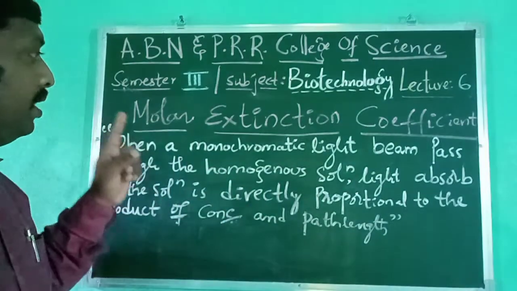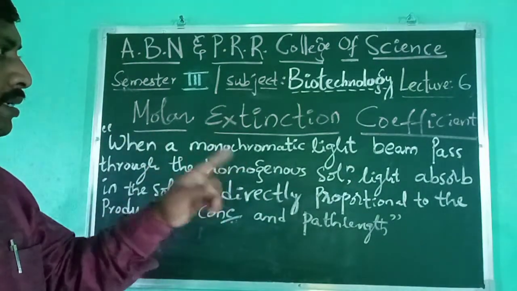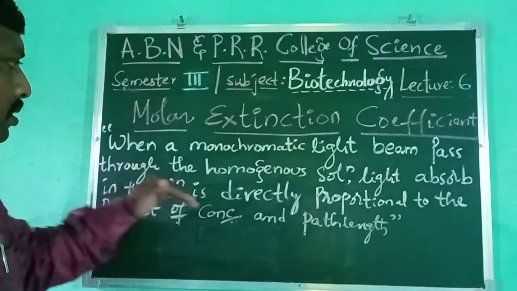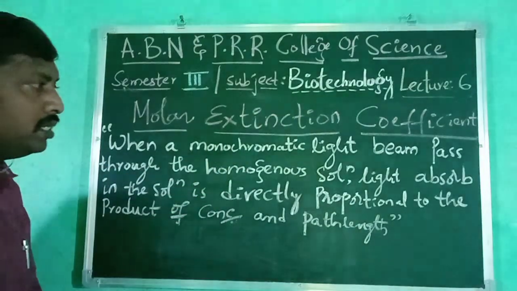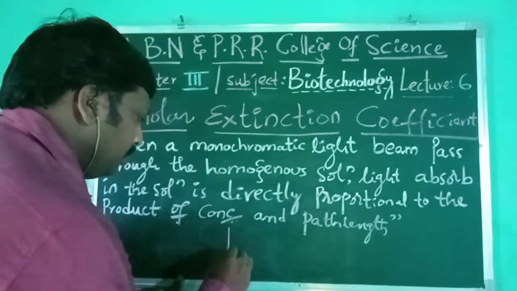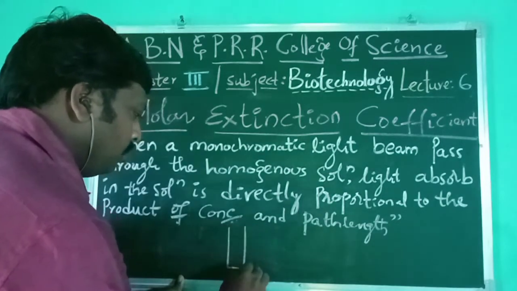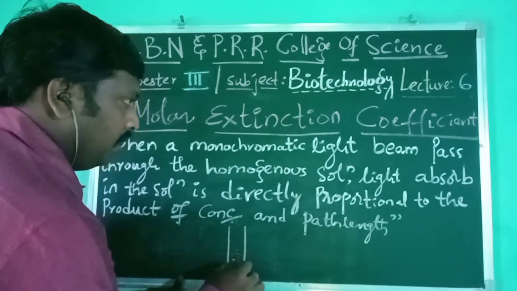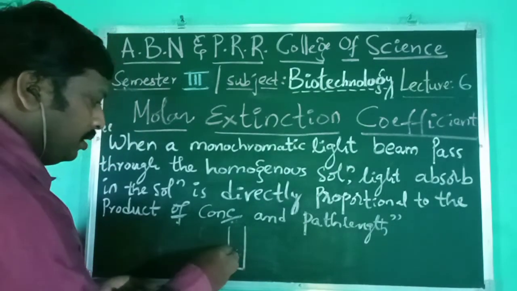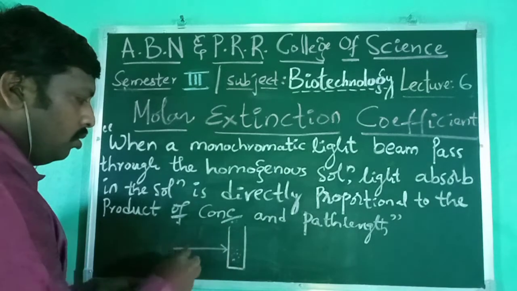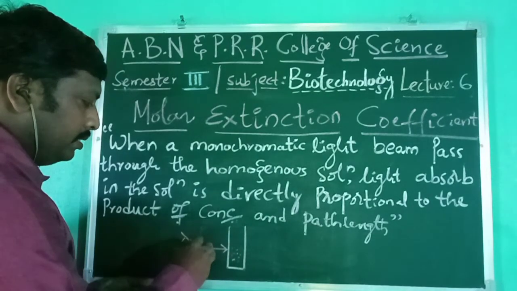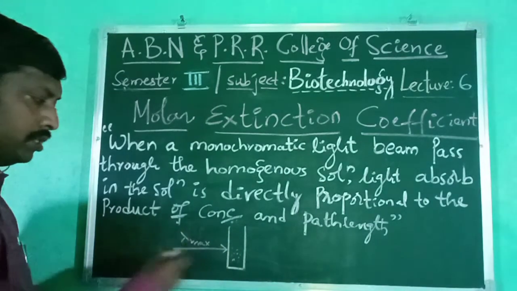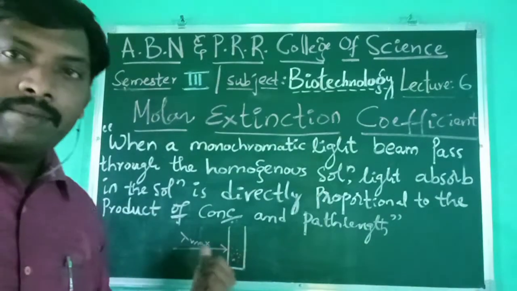When a monochromatic light beam passes through a cuvette containing a homogeneous solution, the monochromatic light used is at the lambda maximum.